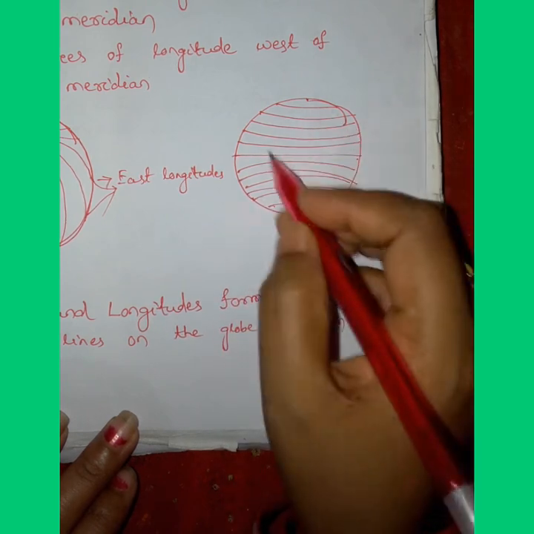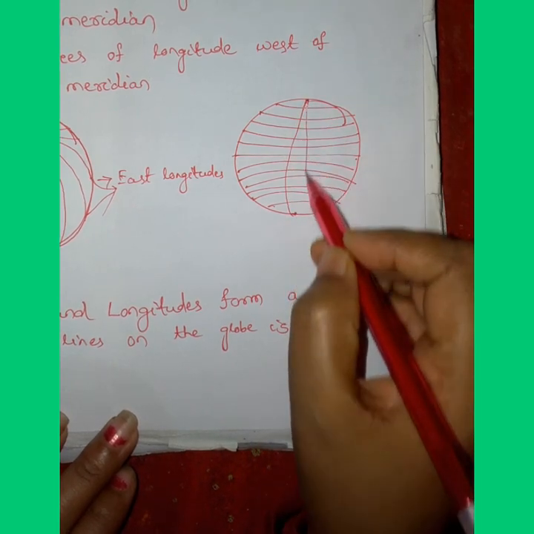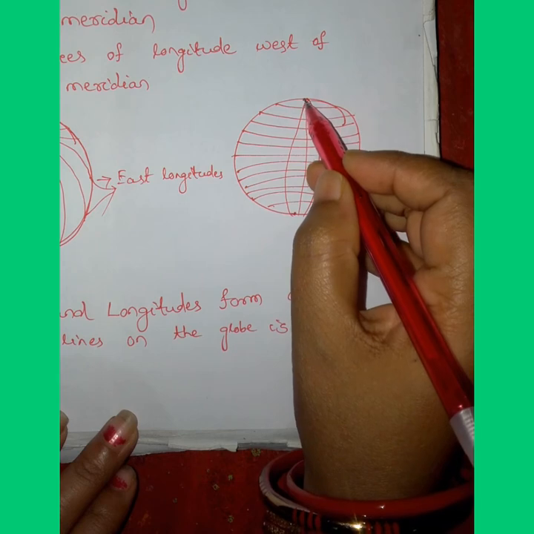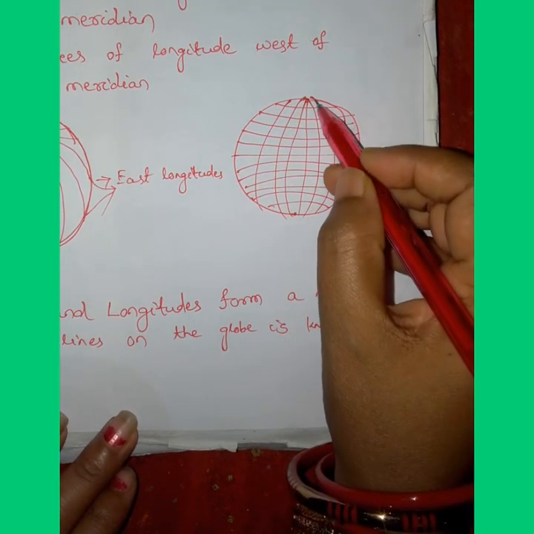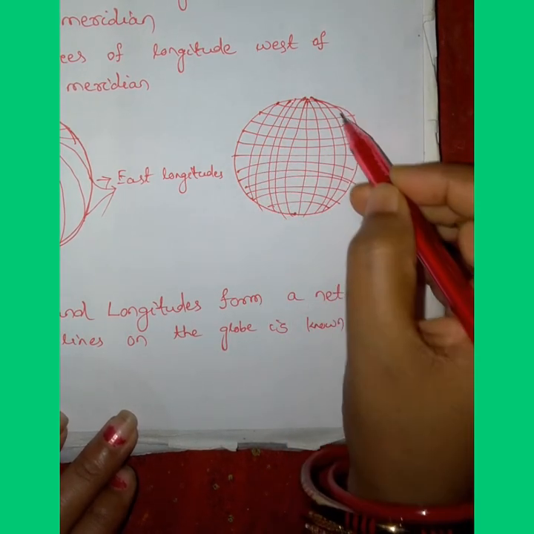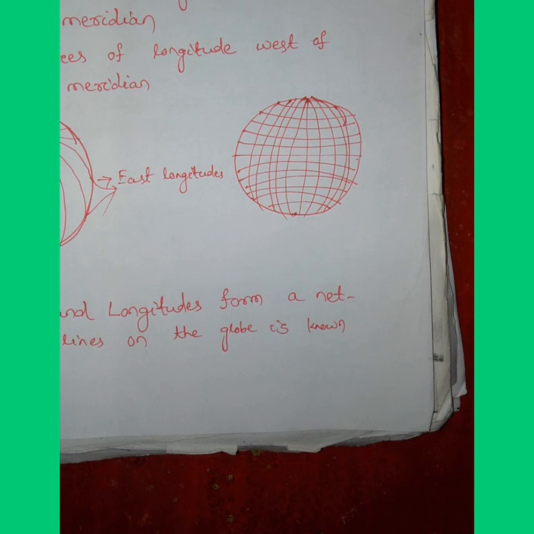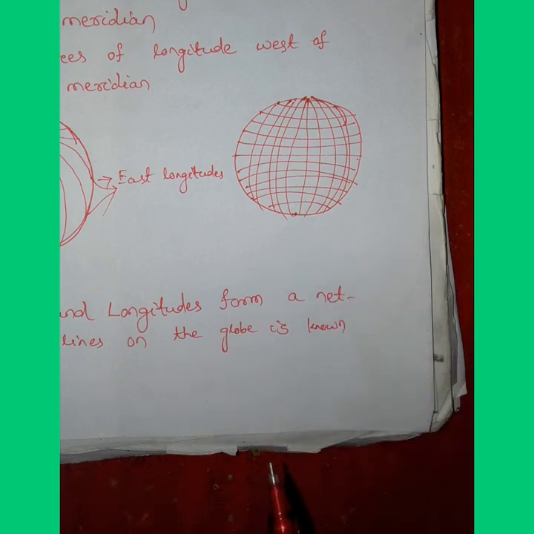These are the latitudes and these are the longitudes. Like this, the latitudes and longitudes form a network of lines, which is known as a grid. To locate a place on the globe or map, we have to know the degree of latitude and the degree of longitude.